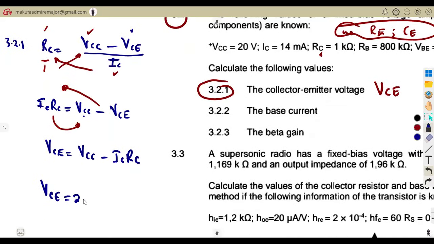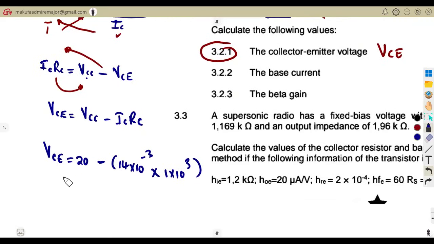So you're going to substitute: 20 minus IC, which is 14 times 10 to the exponent of minus 3 (a milliamp), times RC, which is 1 kilo ohm, that's 1 times 10 to the exponent of 3. That was going to give us the collector emitter voltage, which is our VCE, and that gives us 6 volts according to our calculation.